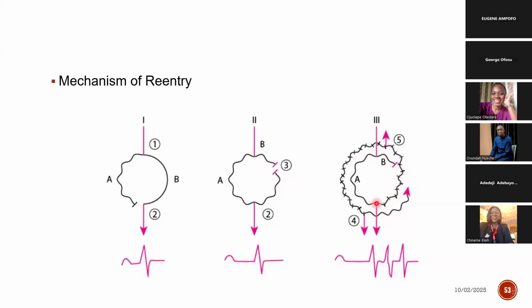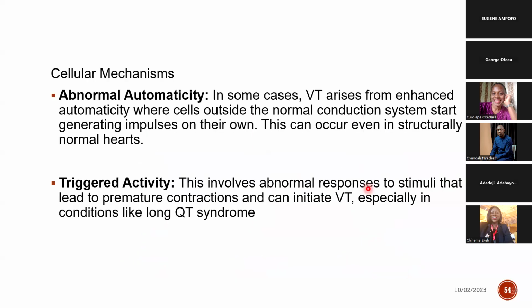So it may go down to activate the ventricle and go up again, and may go all the way to activate the atrium, and then go back into the ventricle. So this forms a loop. The impulse keeps going round within a small circle, and that is what is referred to as re-entry.